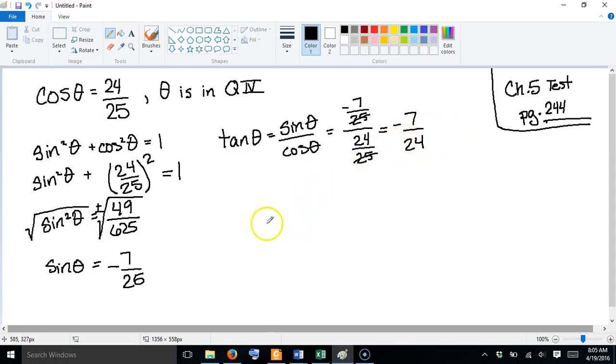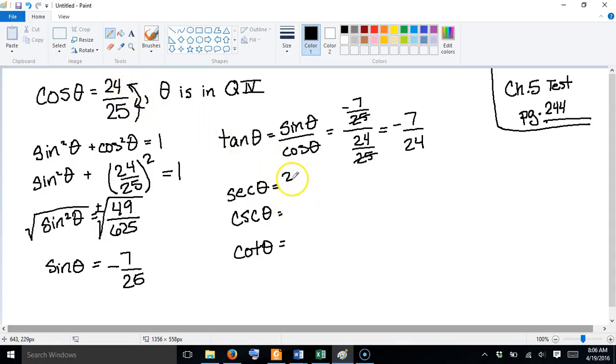Now to find the remaining 3, all 3 of these are the reciprocal functions of cosine, sine and tangent. Well, let's start with secant, cosecant and cotangent. Well, the reciprocal of secant is cosine, so flip these two things around and you've got secant.